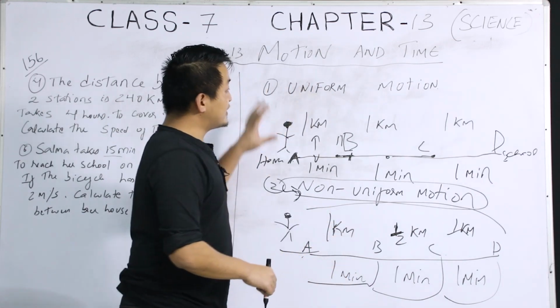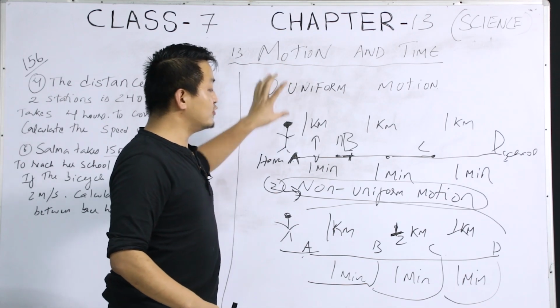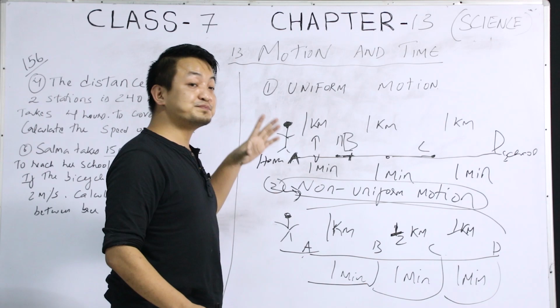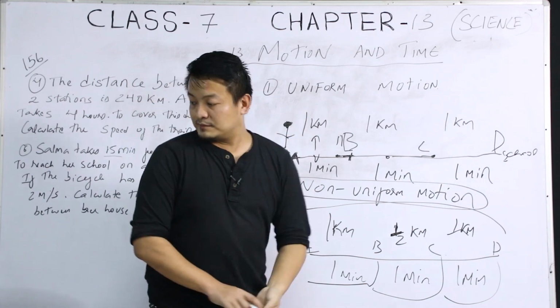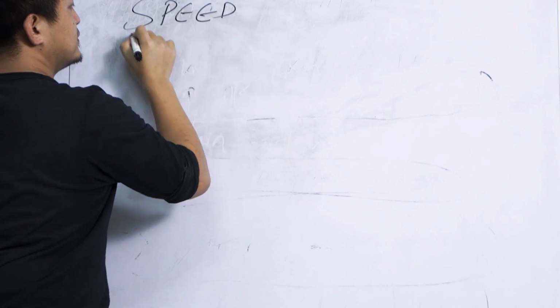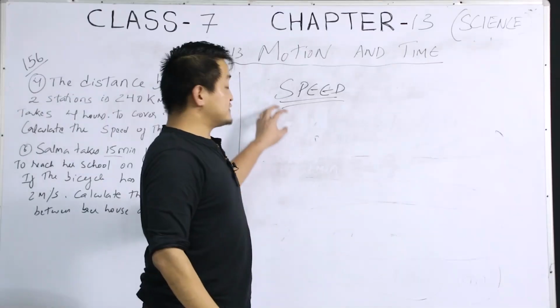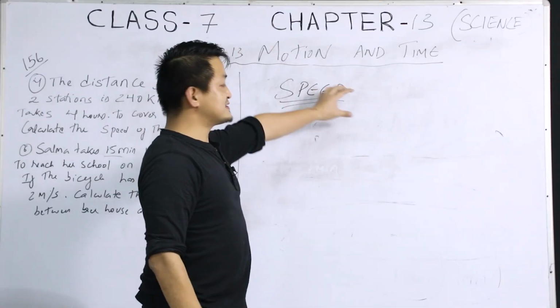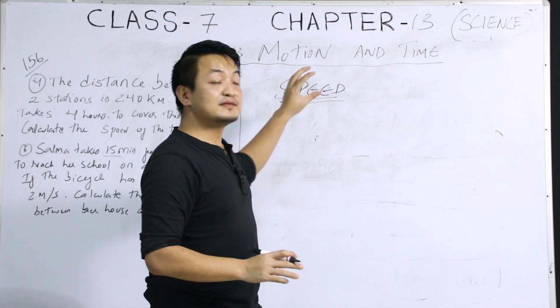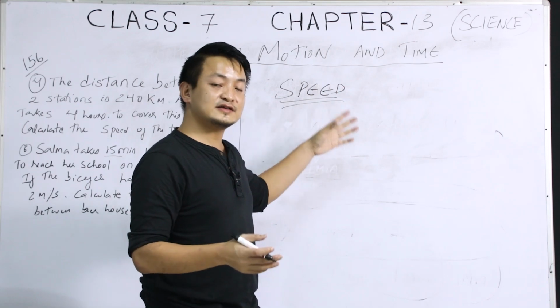Okay, so we are done with uniform motion and non-uniform motion. Now, let's discuss speed. For speed, it is distance by time, very simple. That is the formula and that is the definition.